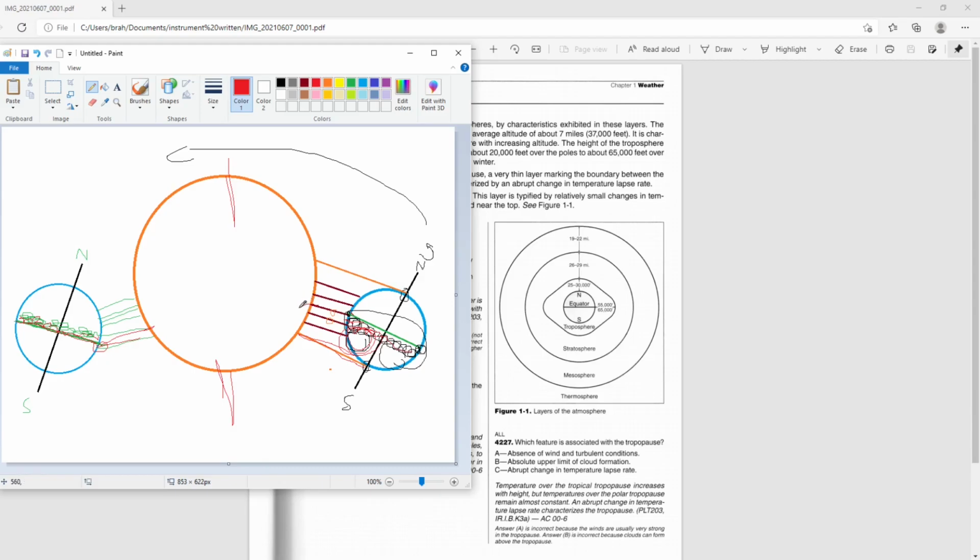So all of these rays right here, let me see if I can get a darker color here. All of these rays are going to be shorter. So that makes this entire part of the circle warmer. And that's what gives us summer in the southern hemisphere on this side. Sorry, guys.